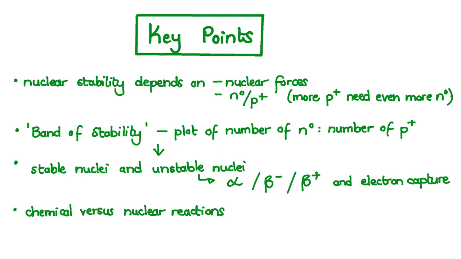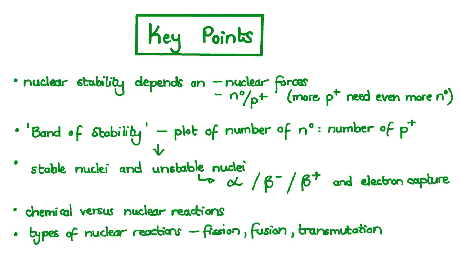We saw what the differences are between chemical and nuclear reactions. And lastly, we looked at the types of nuclear reactions, namely fission, fusion, and transmutation, and looked at some specific equation examples of transmutation by radioactive decay and by bombardment.